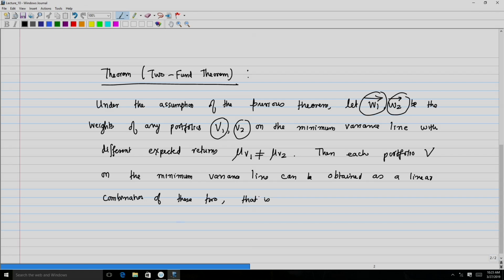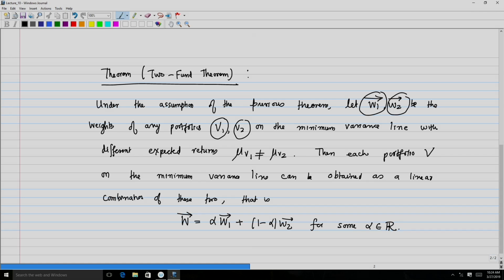That is, the weight of this portfolio will be W, and that will be a linear combination of W1 and W2 for some alpha belonging to R.